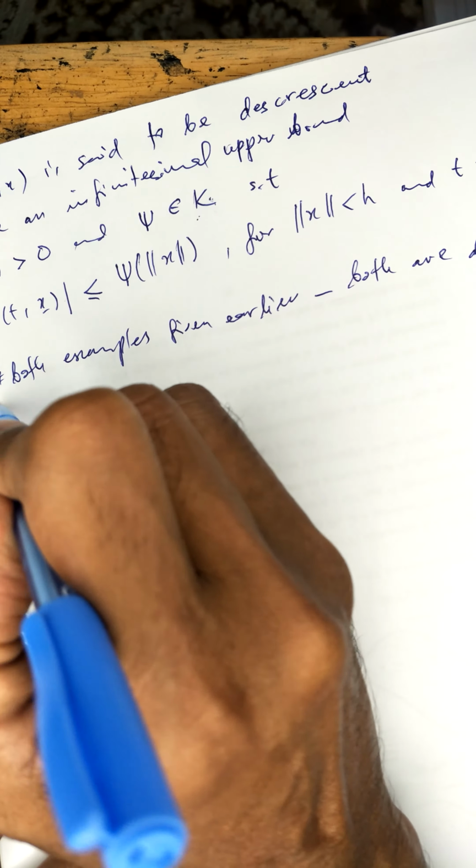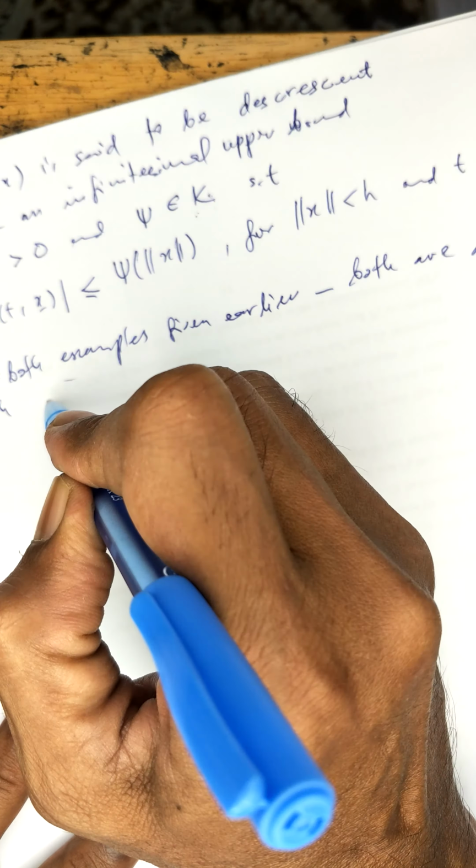Where our phi, for the first case, is r to the 4, and for the second case our phi of r is 3r squared.